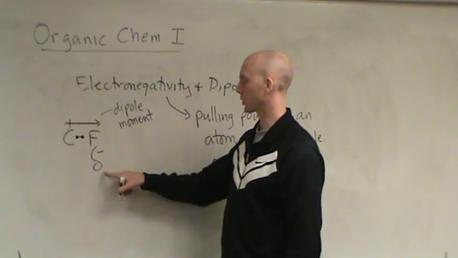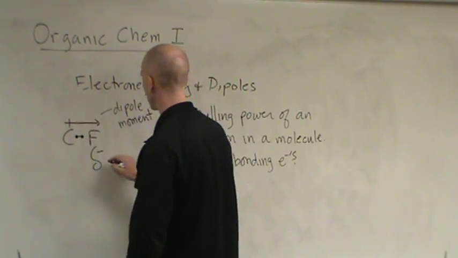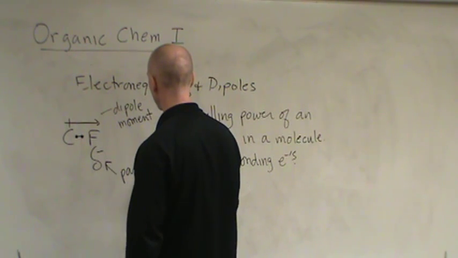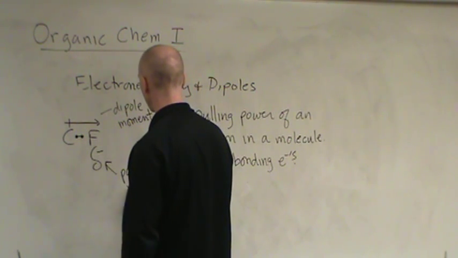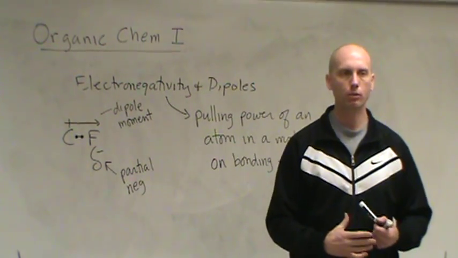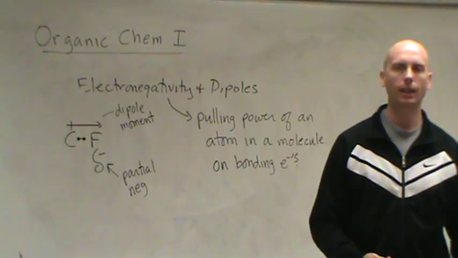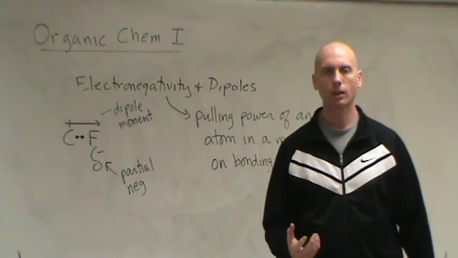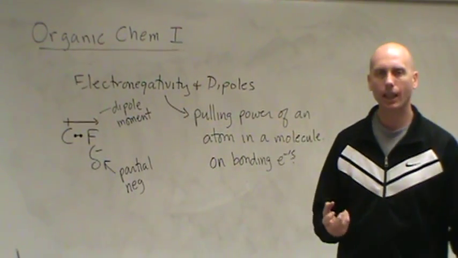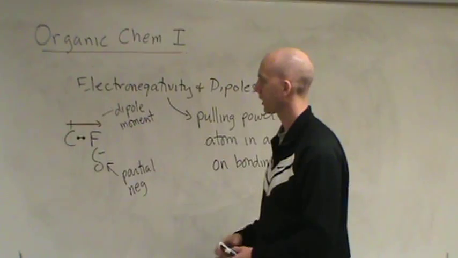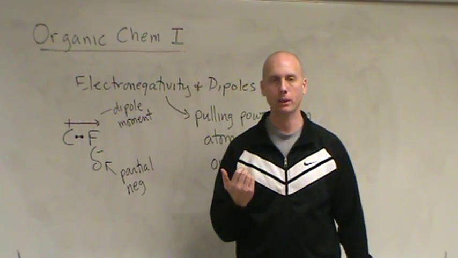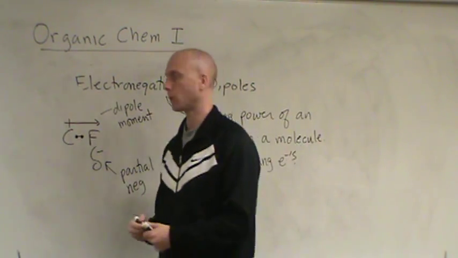And so we draw this symbol, which is the delta symbol, which stands for a partial negative charge. It's not a full charge. It's not a formal charge. It's a partial charge, showing that there's some negative characteristics to it. Since the carbon is losing that electron a little bit in that bond, it gains what?